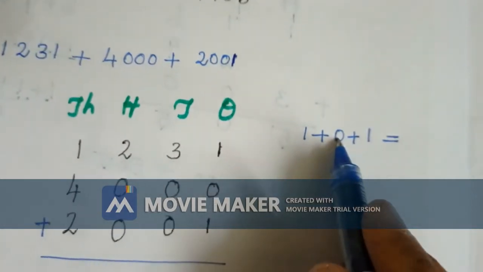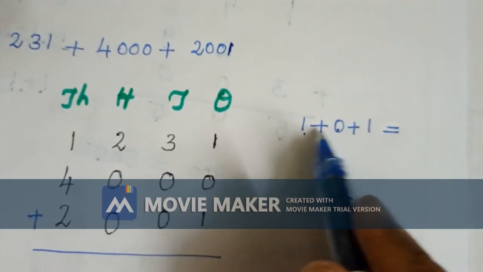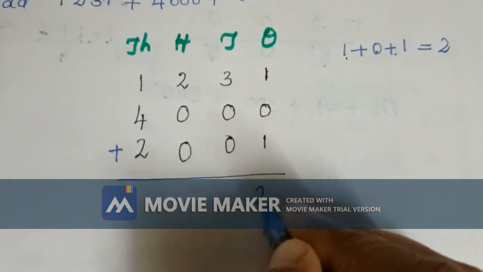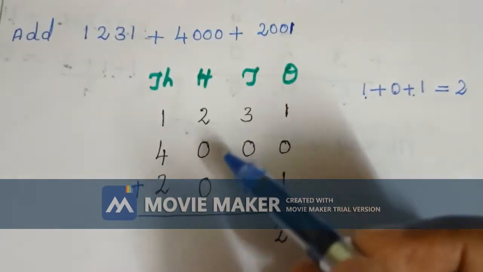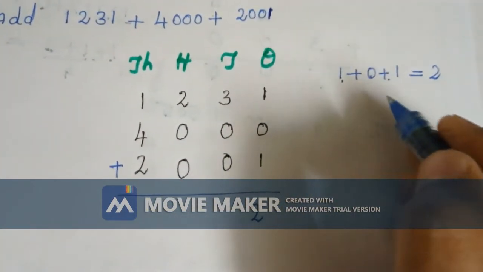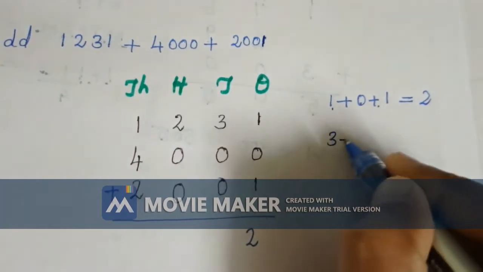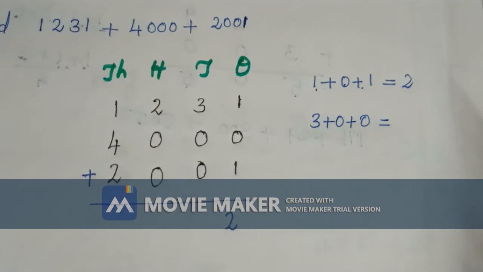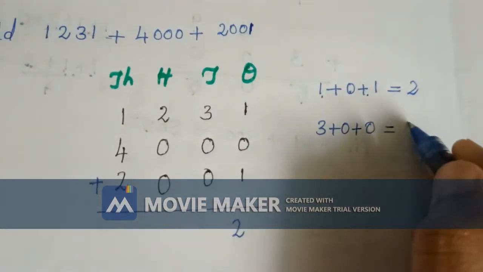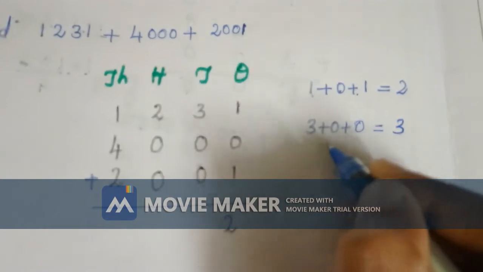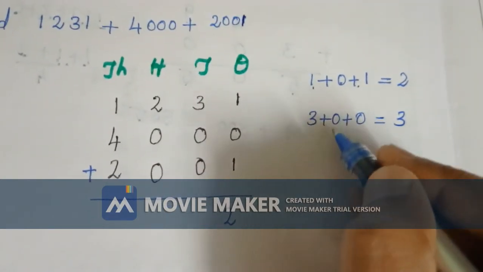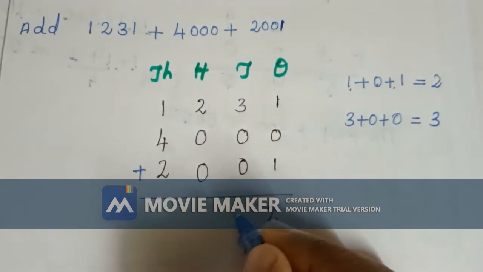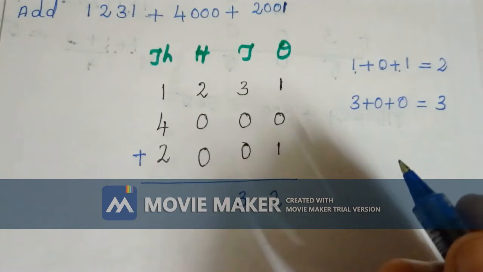So 1 plus 0 is 1, 1 plus 1 is 2. Now write 2 in the ones place. Next you have to add the values in the tens place. The tens place values are 3 plus 0 plus 0. So the answer is 3. Write 3 in the tens place.